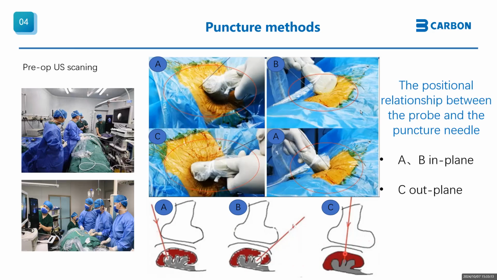Where the needle is, the depth of the needle, we can see very clearly on our screen. So if we use our fusion electromagnetic tracking system, fusion mode, whatever method the doctor chooses, they're both very, very safe.